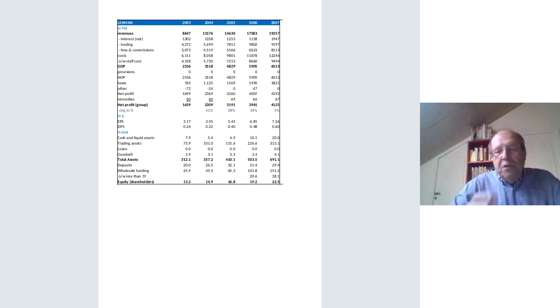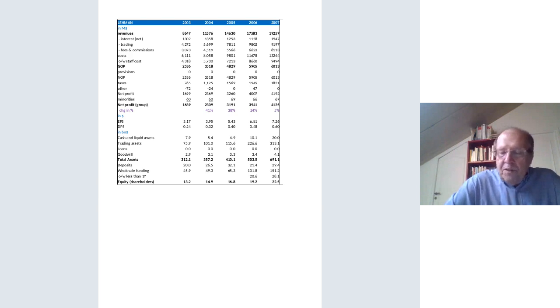You see also that 2007 was a little bit softer than before because the revenue increased a little bit less, the profit a little bit less, 5% against 24%. And also the shareholder equity increased by, say, double more or less over the period. So it looks very good. On the right side of the table, the third block is solvency.